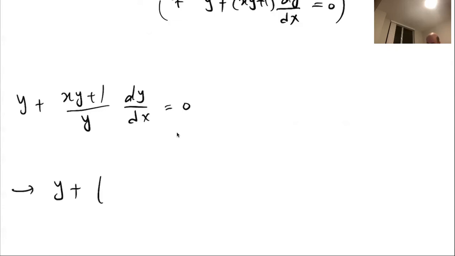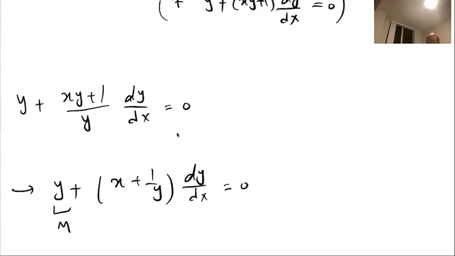That will be y plus x over y, no, sorry, y plus y cancels with y, so x plus 1 over y, dy to dx equals 0.